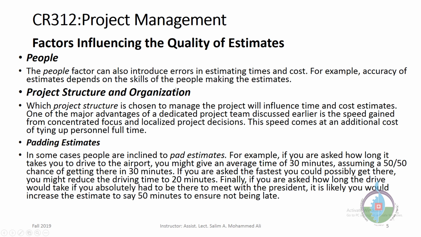If the people hired to make the estimate are not so professional, they may introduce some errors in time and cost. Some other factors related to people: some people in the middle of the project may quit their job or move to another company. So it will also affect the quality of estimates.